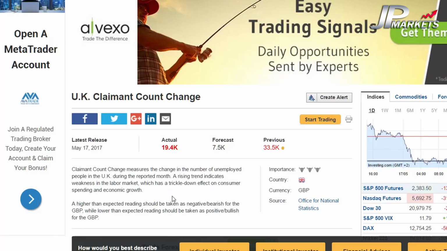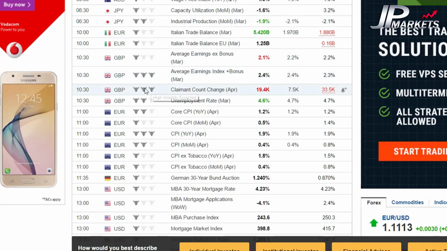A rising trend indicates weakness in the labour market, which has a trickle-down effect on consumer spending and economic growth. You find a lot of countries, the unemployment rate as well as the average earnings rate really makes a big difference to how much faith people have in that economy. So that's understandable why it's a 3 bull. And this is a massive difference, which means that the British pound should have taken quite a big hit.